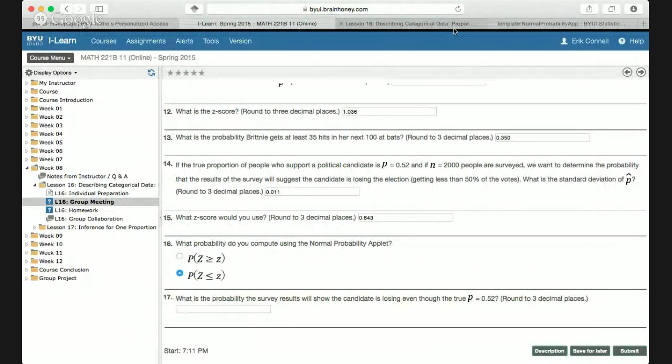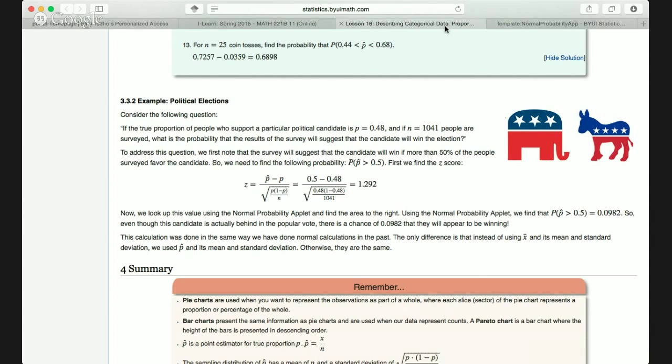Or do we just take p equals 0.5 and highlight all of the area to the left of the z-score? And that would show all of the area that's losing, right? Yeah, because in our book, they give us a z-score for p equals 0.5.